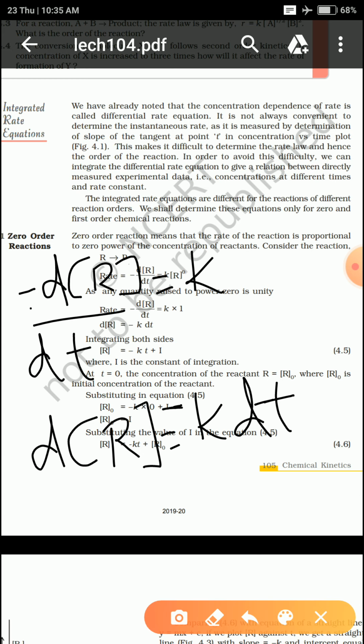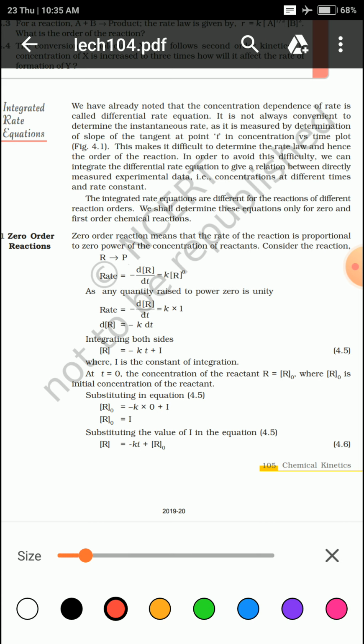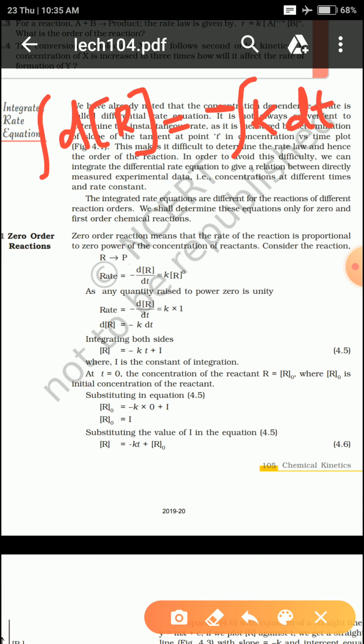Now we will proceed to the integration process. So how will we integrate this? We integrate dR equals minus K dt, with the minus outside the integral of K into dt.